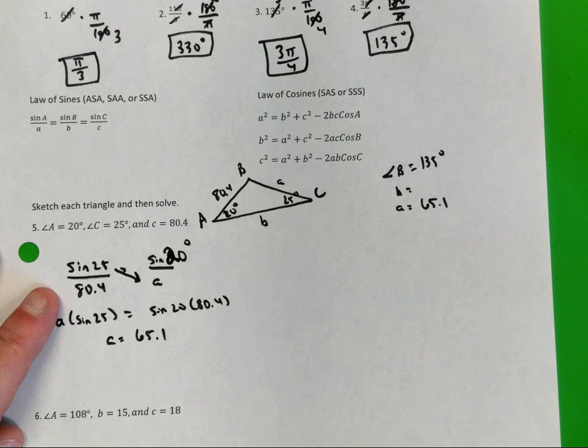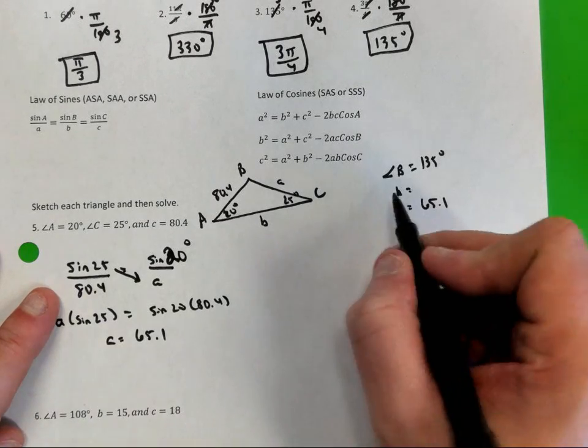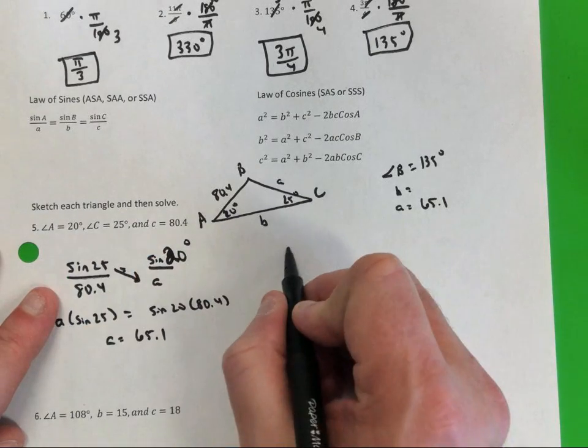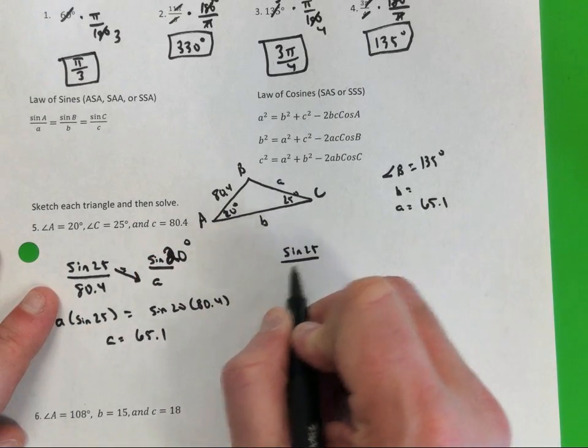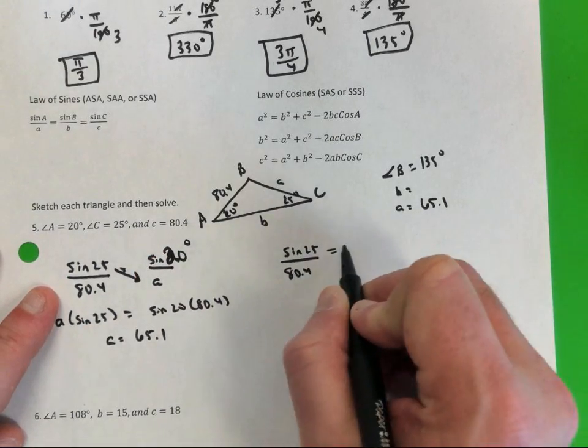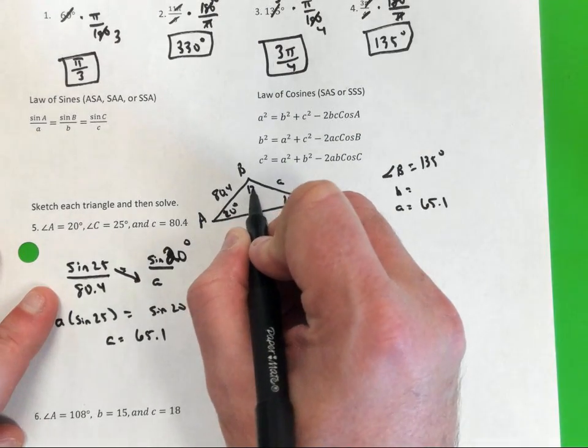Now B, I need to find B. Well, I'm going to start off with my C part again. Sine of 25 over 80.4 equals sine of, that's 135 now.